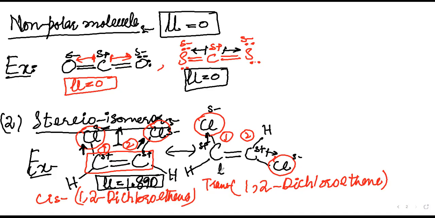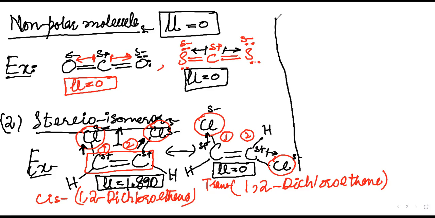So in the trans form, the dipole moment is equal to 0. Whenever the molecule is in the trans form, the dipole moment must be 0. In the cis form, dipole moment has some value, but in the trans form it has 0 value.